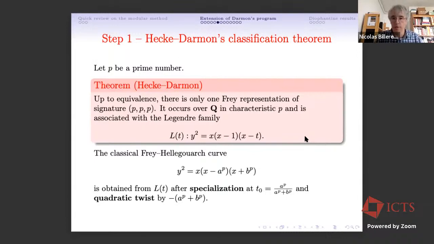And since we had these Frey hyperelliptic curves that were constructed by Kraus, we somehow wanted to make them fit into Darmon's program. So we found that actually they somehow come from Darmon's construction for the equation of signature (p,p,r).